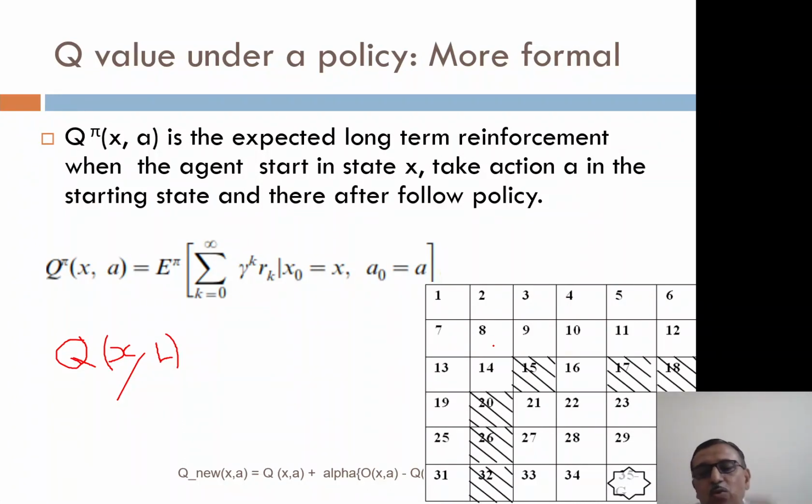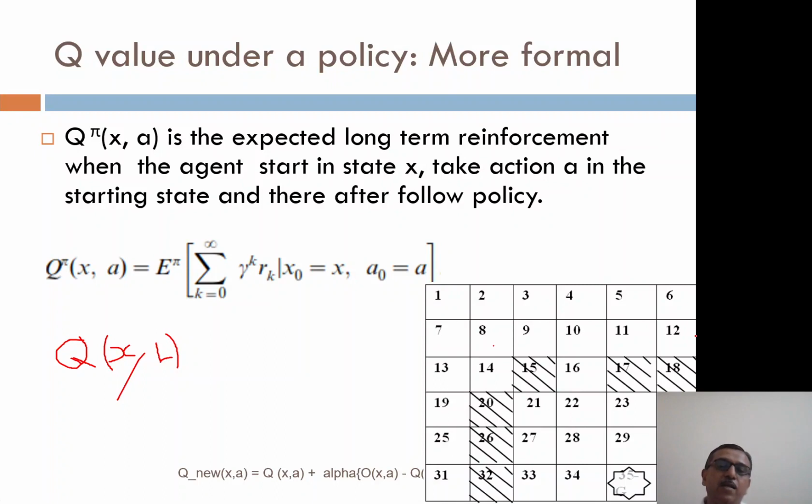The first action is move left, then you move right, then right, then right, you reach 12, and then you keep on moving right. So Q pi (x, a) for one simulation is infinity.